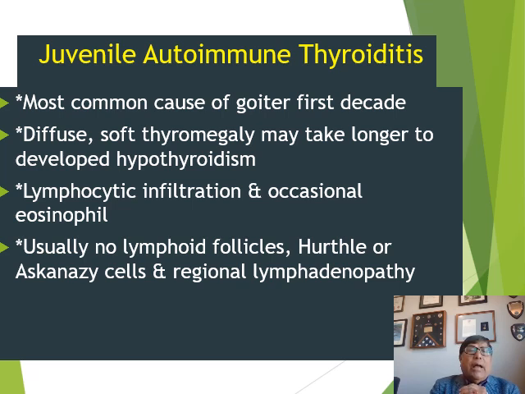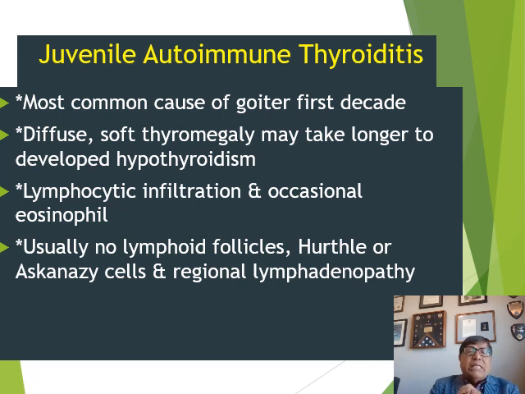If you look at the thyroid gland biopsy-wise, you see lymphocytic infiltration, and from that the name lymphocytic thyroiditis came. Occasionally you will also see eosinophils. Characteristically, there will be no lymphoid follicles.